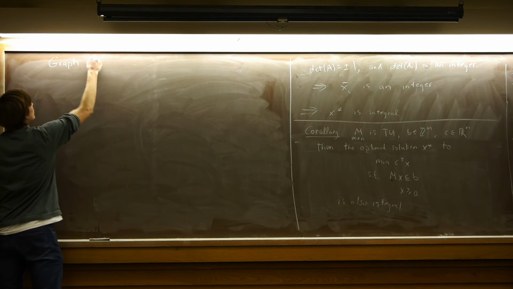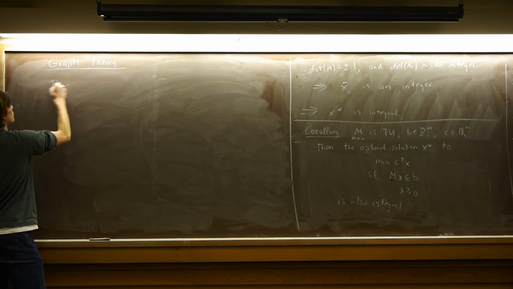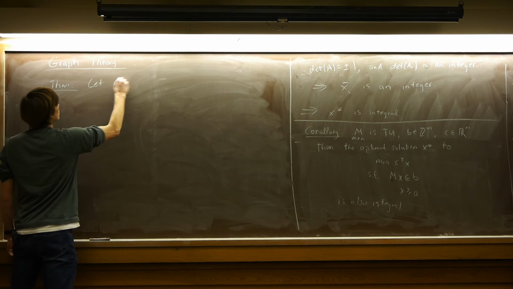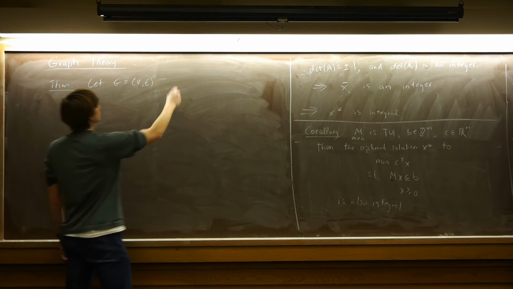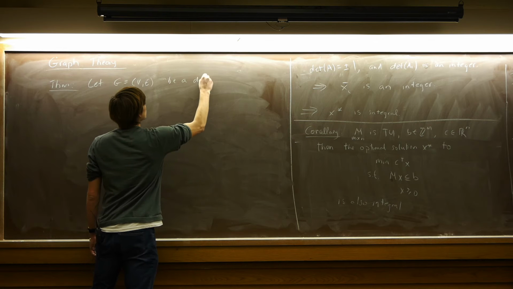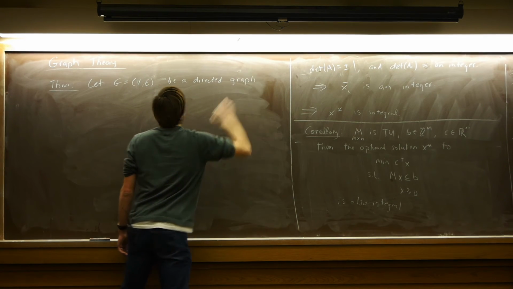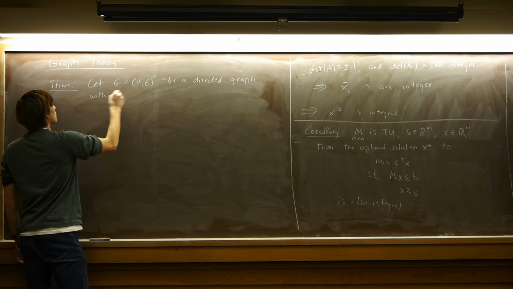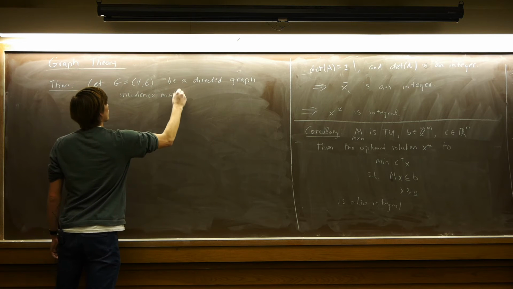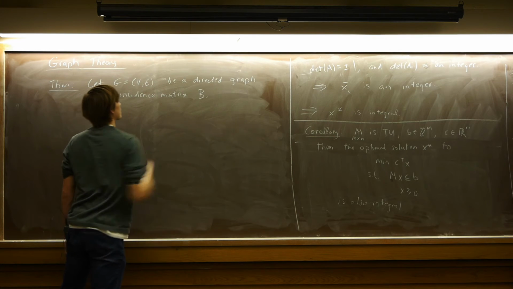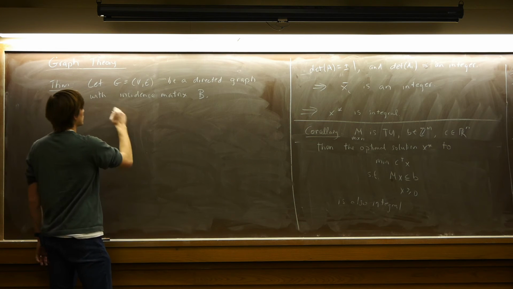So another subheading here. Let's take some graph, let's make it directed. Take the incidence matrix of the graph, and what is the incidence matrix?